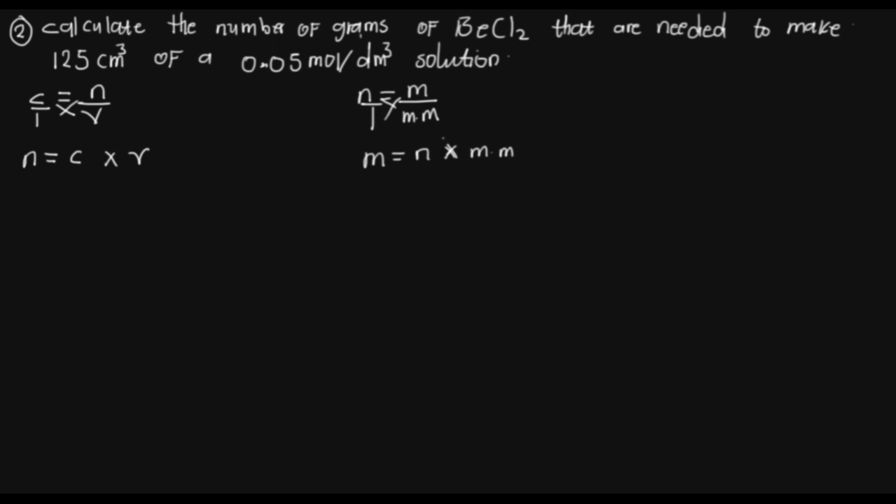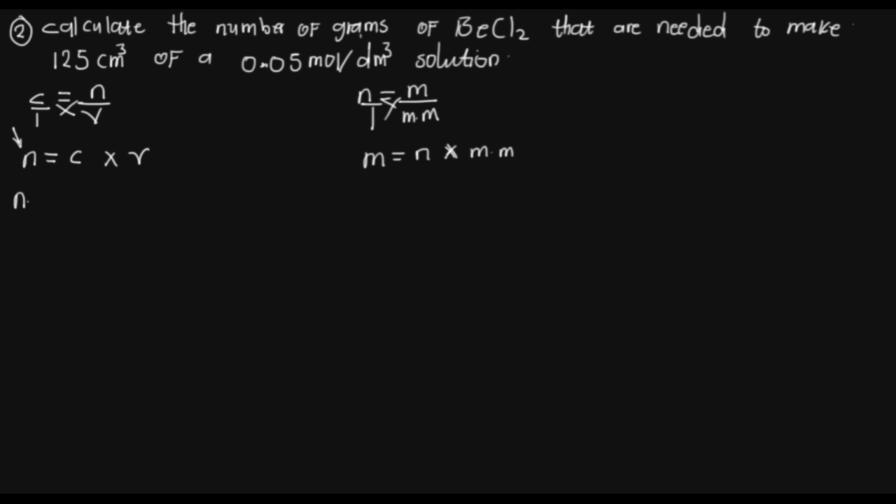In our case, formula mass, since it's an ionic compound. So the first formula will help us find the number of moles. Then we can substitute the number of moles into the second formula so that we are able to find the mass. So now let's find the number of moles by the first part.